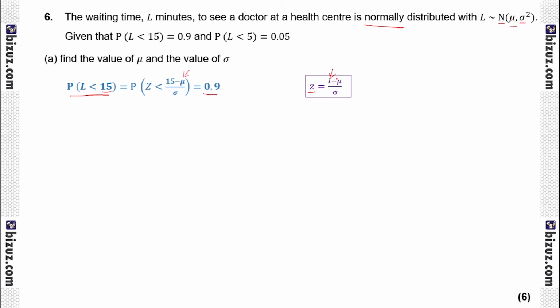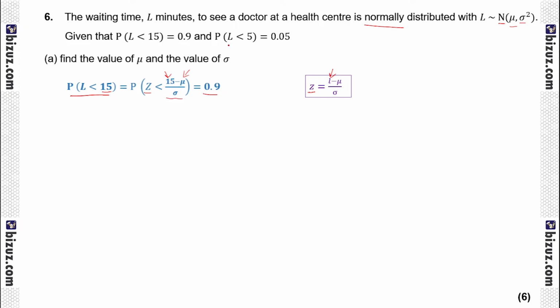And the value that we are converting is 15, so that's why you have this 15 here. So the probability of L being less than 15 is equivalent to the probability of Z, the standard normal distribution variable, being less than this converted value, 15 minus mu divided by sigma. And this is equal to 0.9.